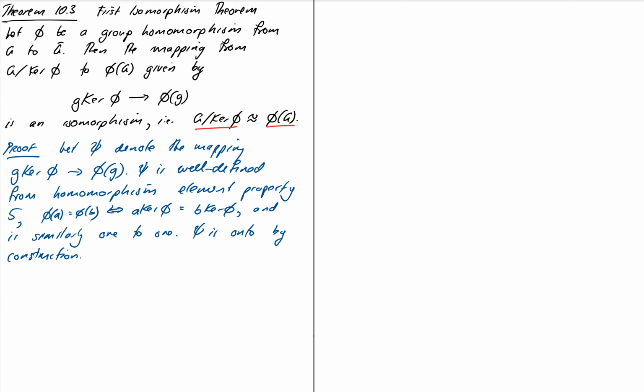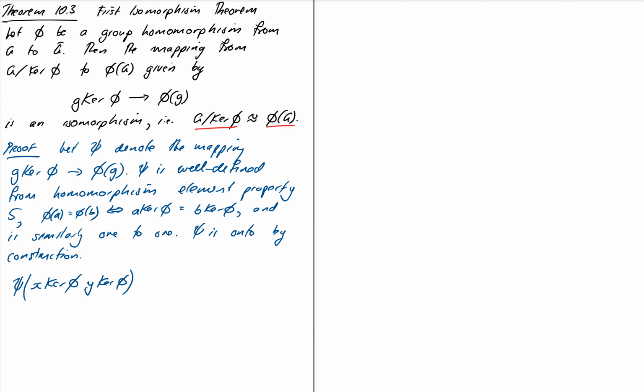We just need to show that it's operation preserving, and then we'll be done. To show it's operation preserving, we need to take psi and stick in two cosets combined together, so psi of x kernel phi times y kernel phi, and show that we get psi of each one composed afterwards in our G bar.